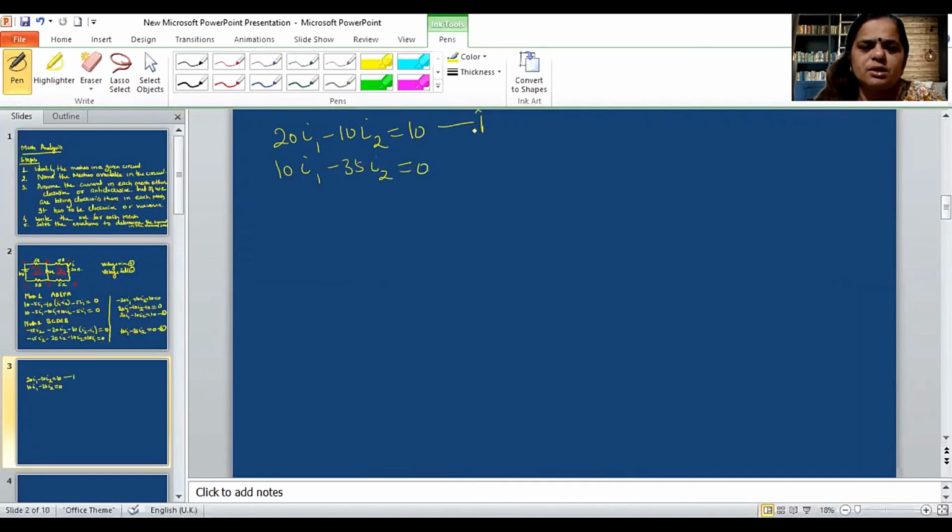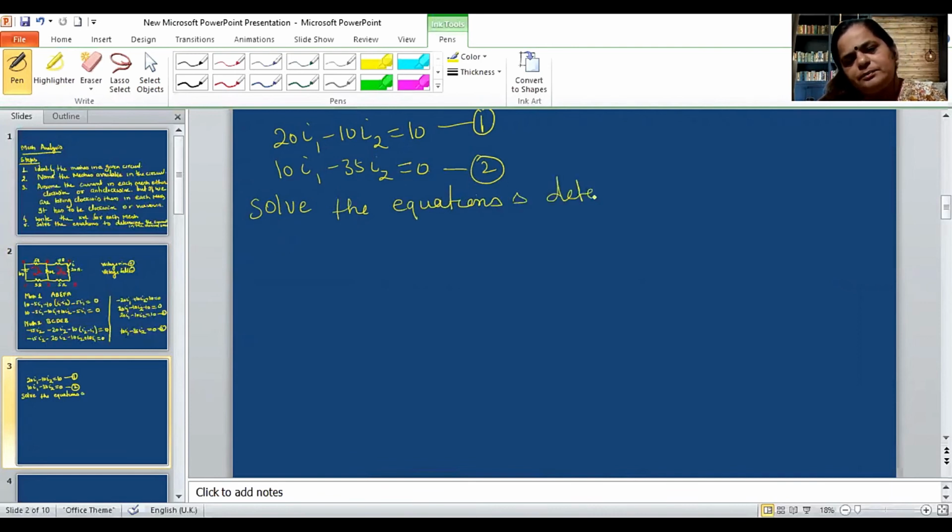This is equation number 1. This is equation number 2. Now solve the equations and determine the value of I1 and I2.